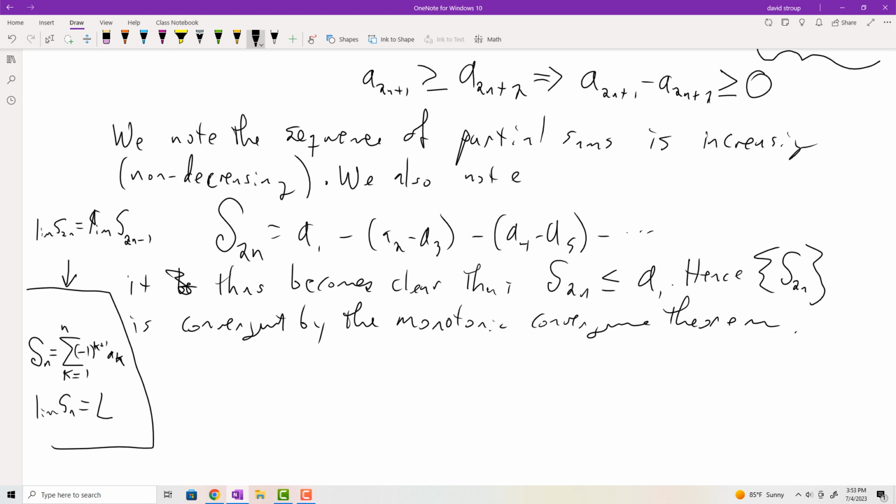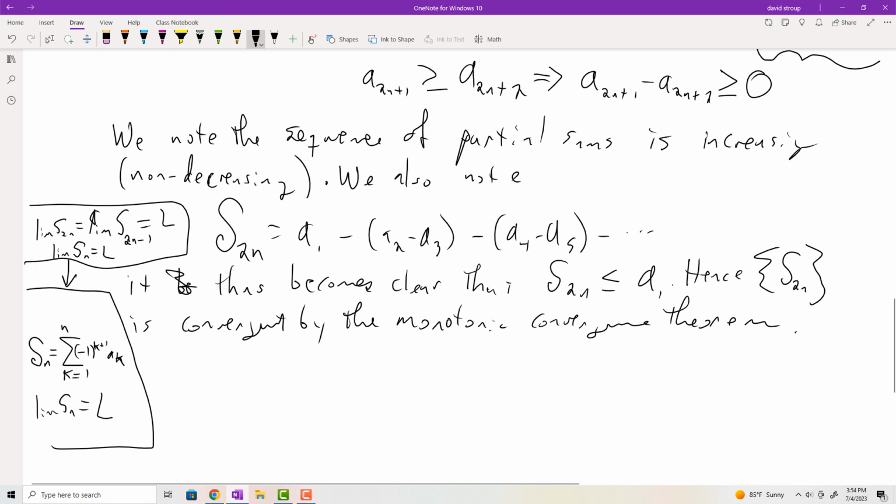It forces the limit of s sub n to equal whatever these two equaled. So it's a factoid of life. You could go back to the strict definition and prove it. If the limit of the even terms and the limit of the odd terms are the same, then the limit of the other guy is equal to that limit. We'll just take that on faith for now, because this is going to be a long video.